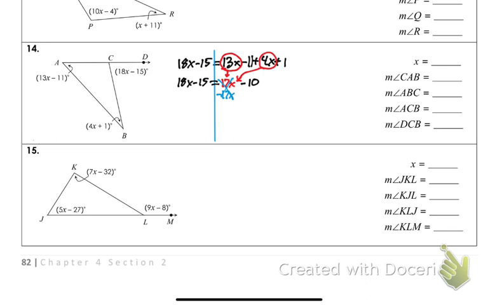Be sure you line up your negative 17x below your other x's on your other side so you know what's being added. All right, 18x minus 17x, that's 1x. Minus 15 equals a negative 10. I'm going to move the 15 to the other side by adding 15 to both sides. So x equals 5.